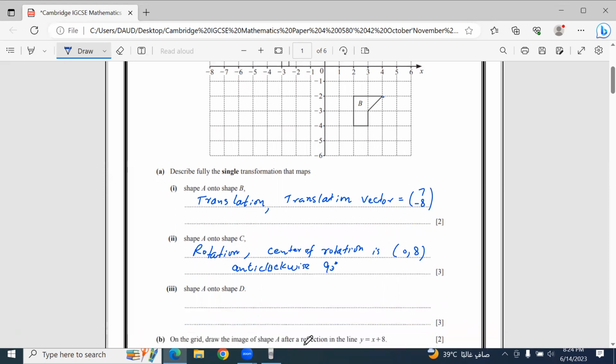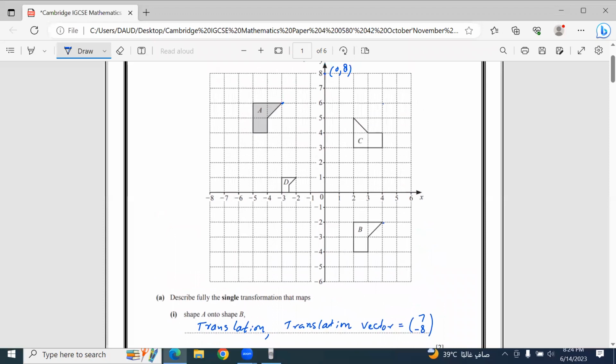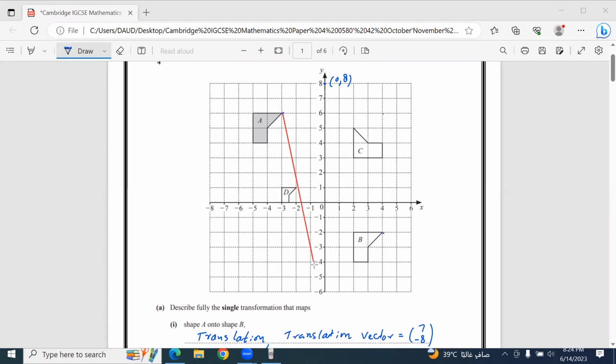Next, shape A to shape D. If you check carefully, shape A to D is a small and a big shape, so clearly it is an enlargement. For enlargement, you have to find the center of enlargement as well as the scale factor. Again, I will choose similar corners. For example, this one, and extend your line.